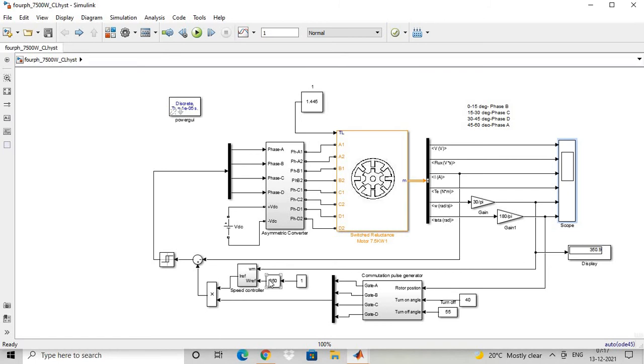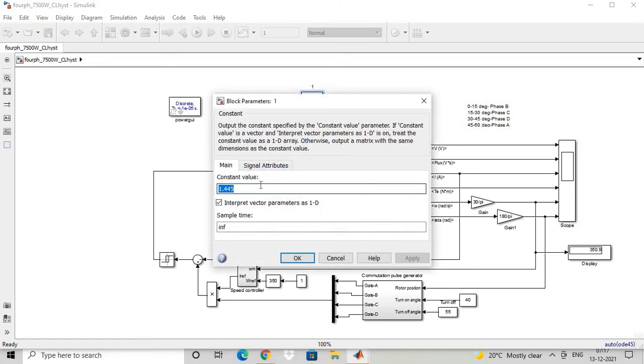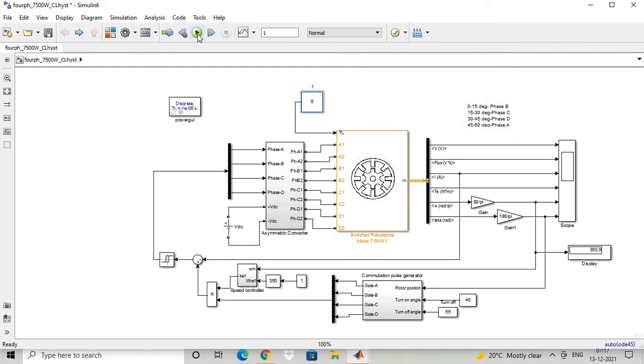Now suppose I change this torque to 5 Newton meter. Then it is observed that for the same condition the speed is 351.9 rpm.